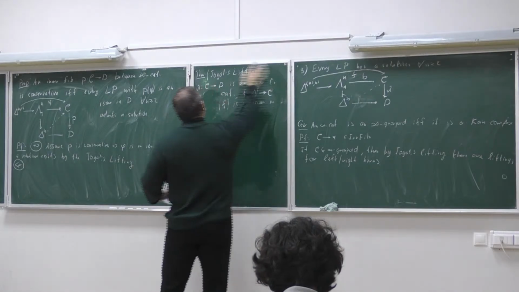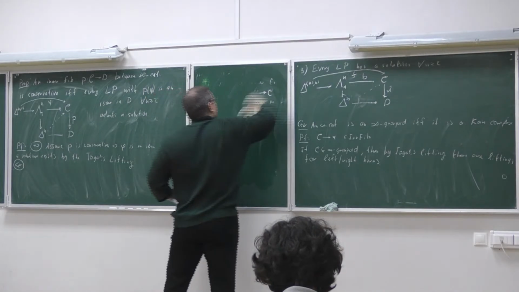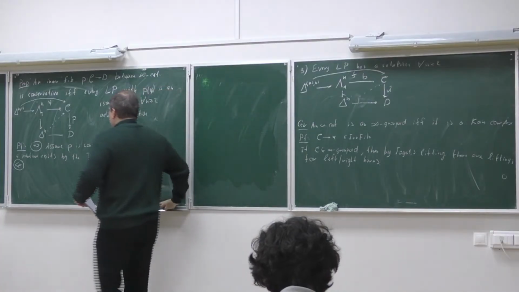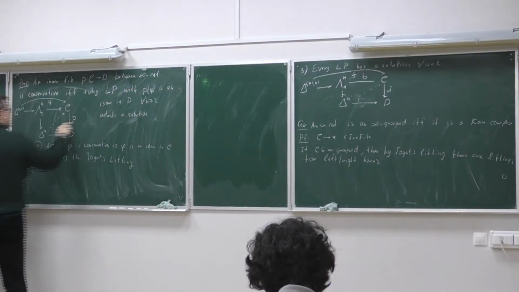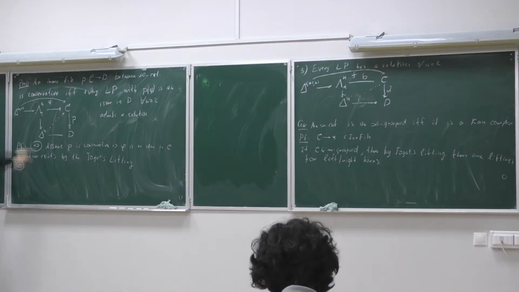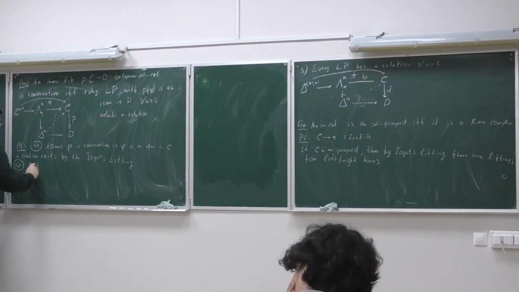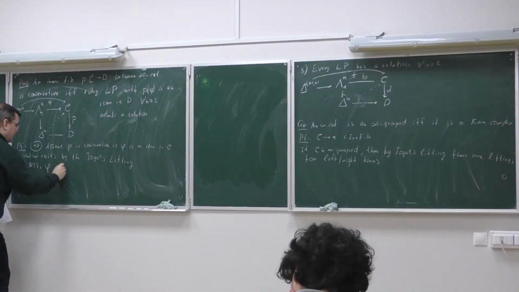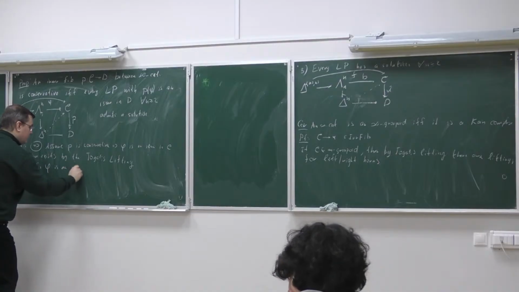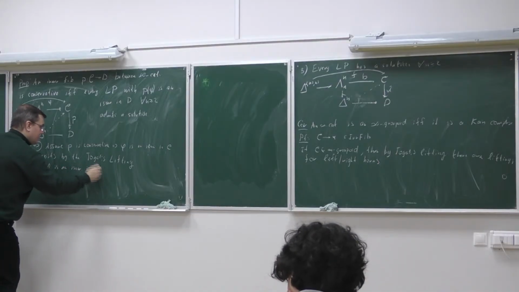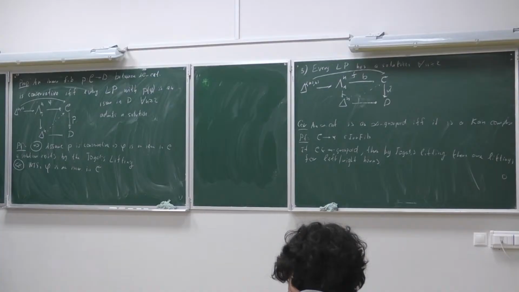If I want to show that this functor P is conservative, I want to show that phi is an isomorphism in the category C. If I can do this for any phi, then by definition the functor is conservative.